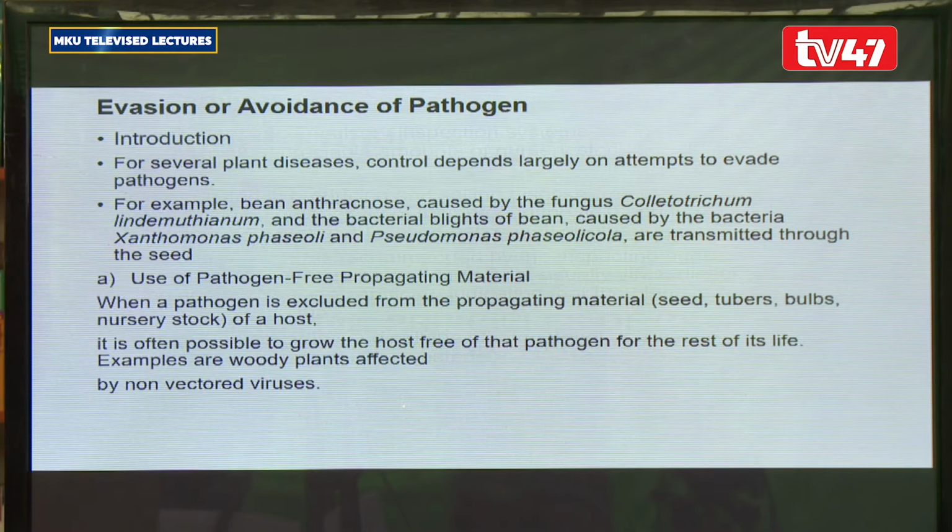Then we have techniques that aim at evasion or avoidance of the pathogen. How do we prevent the pathogen from coming into contact with the plants? Several diseases depend on the pathogen coming into contact with the plant material in order to occur.